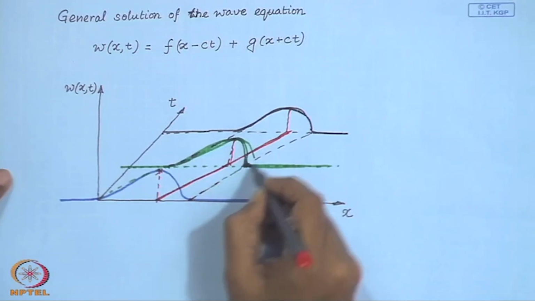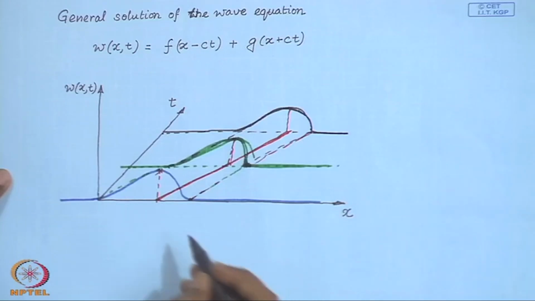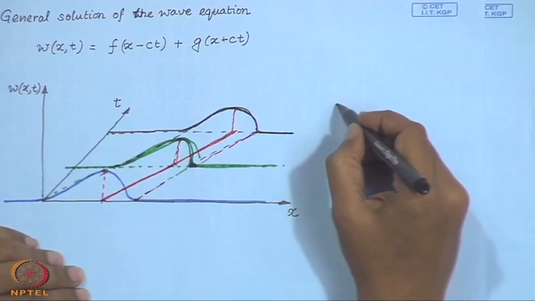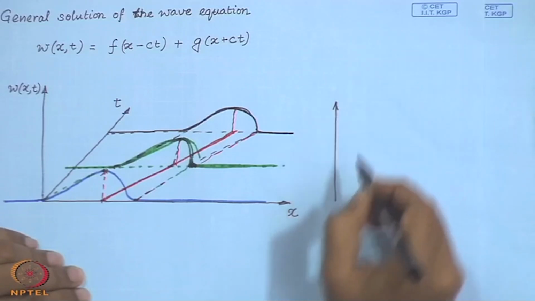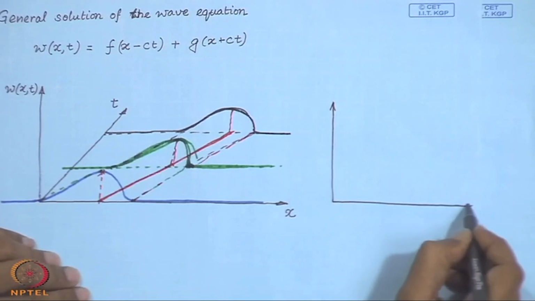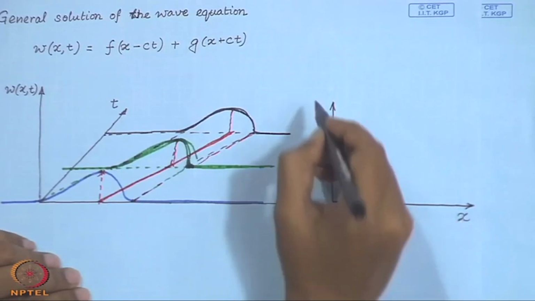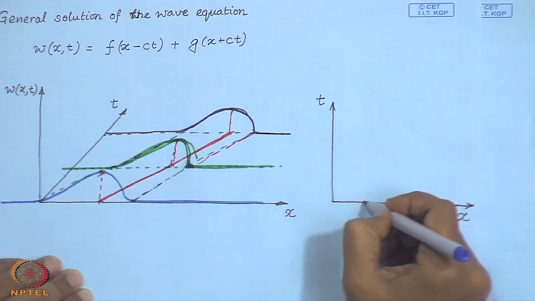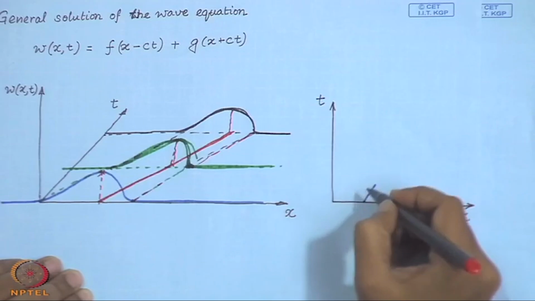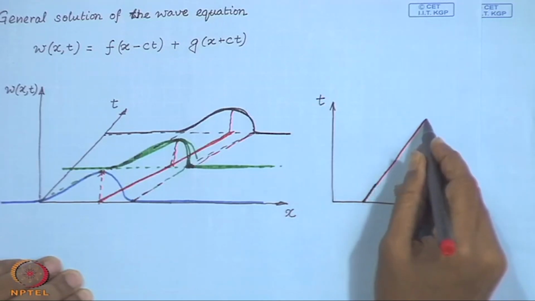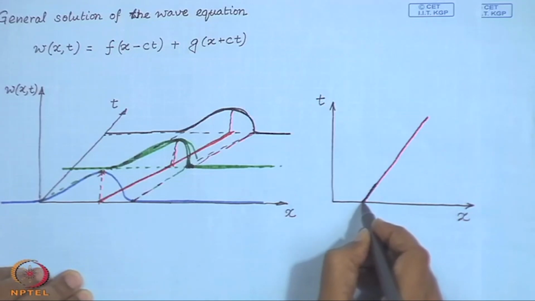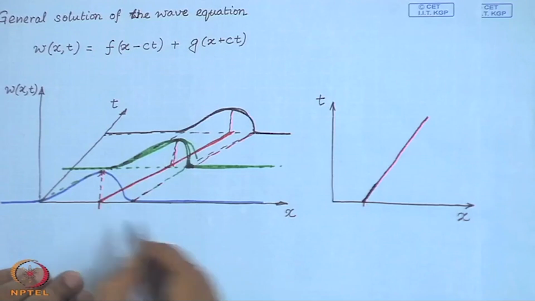Similarly, this is the line on which the boundary of this pulse is travelling. So, we can draw what is known as a space time diagram, and in this diagram suppose this point was the maximum amplitude point here, x 0 let us say.